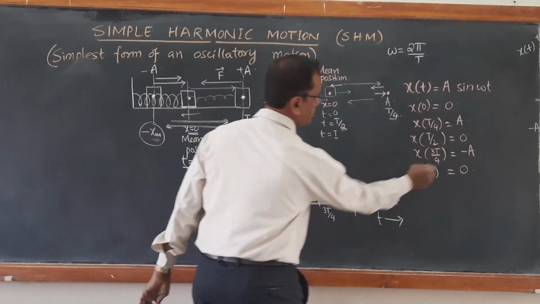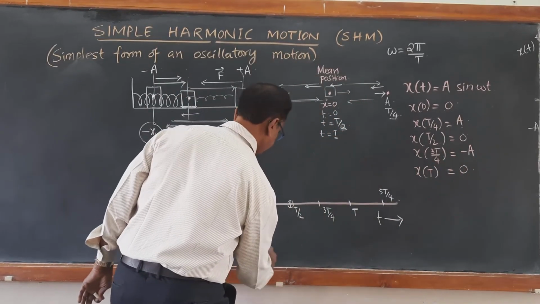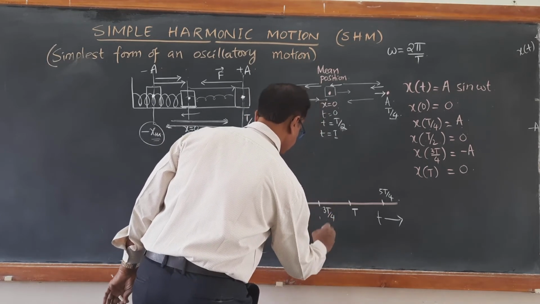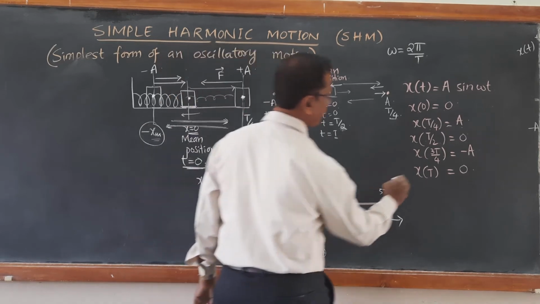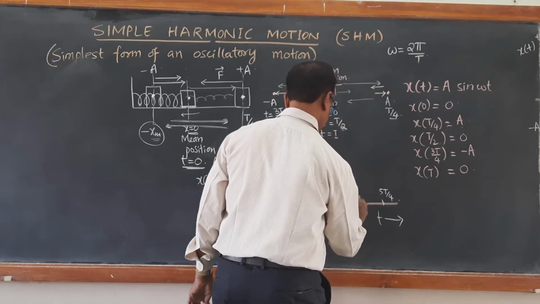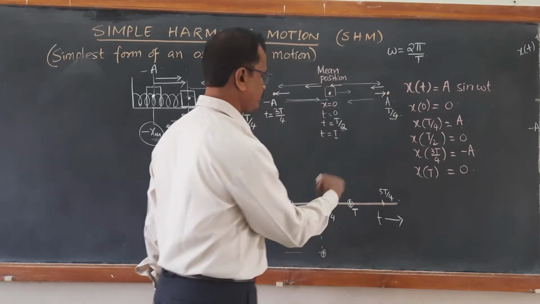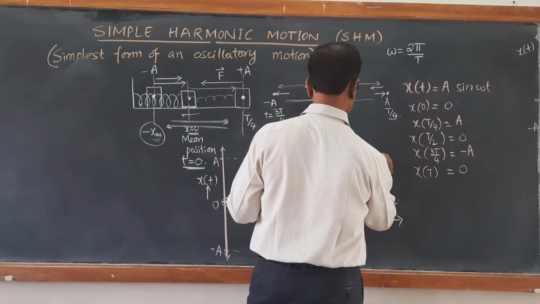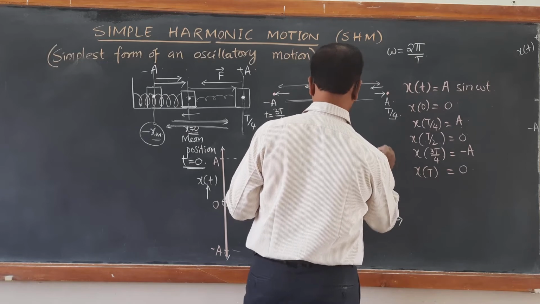At time 3T/4, we get minus a, corresponding to this. At full time T, we get again 0. If you calculate in the same way, at 5T/4, again you get plus a.